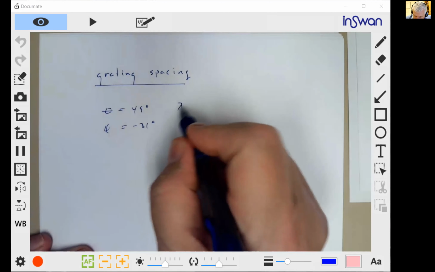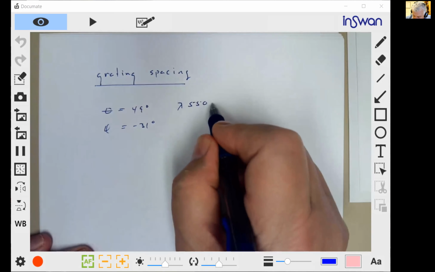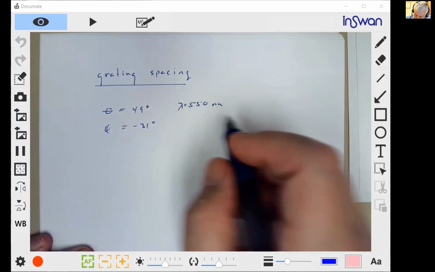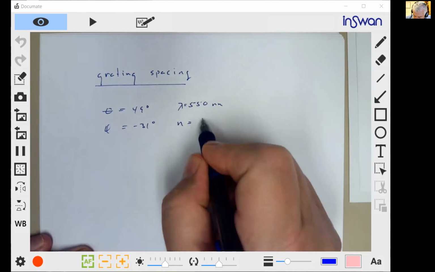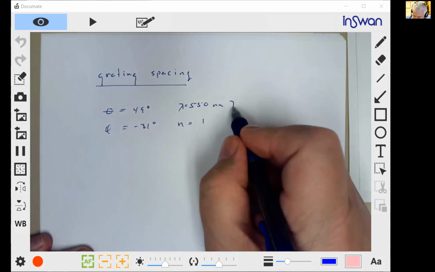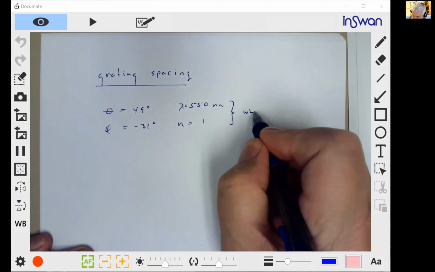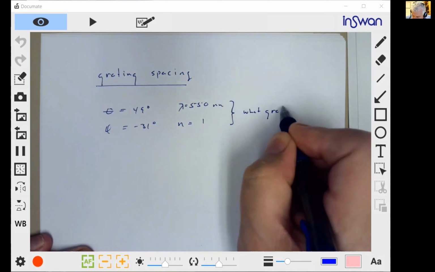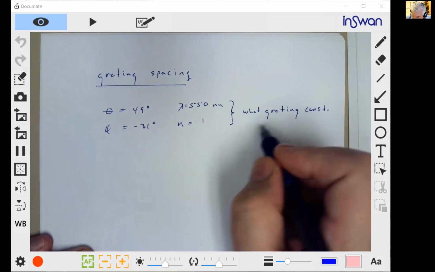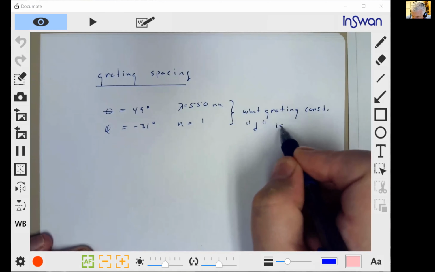And you're wanting to image light of 550 nanometers in first order. Then what grating constant D is optimal?